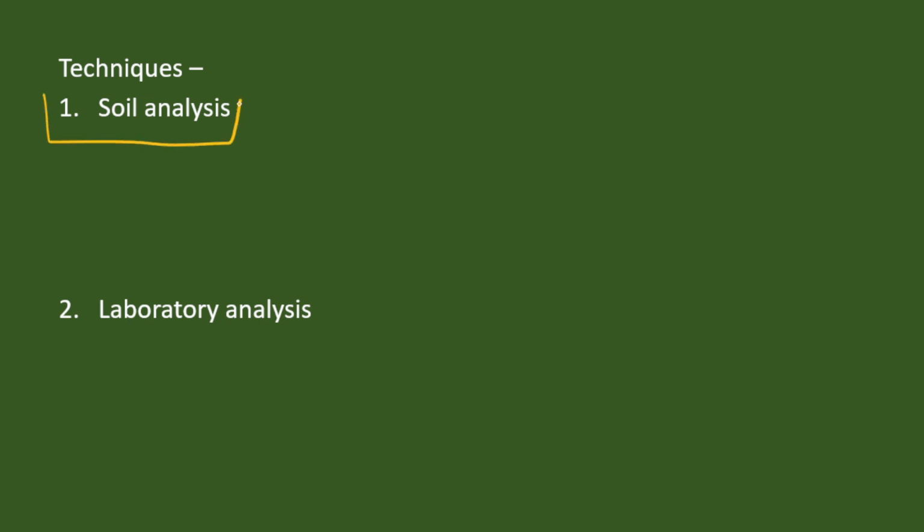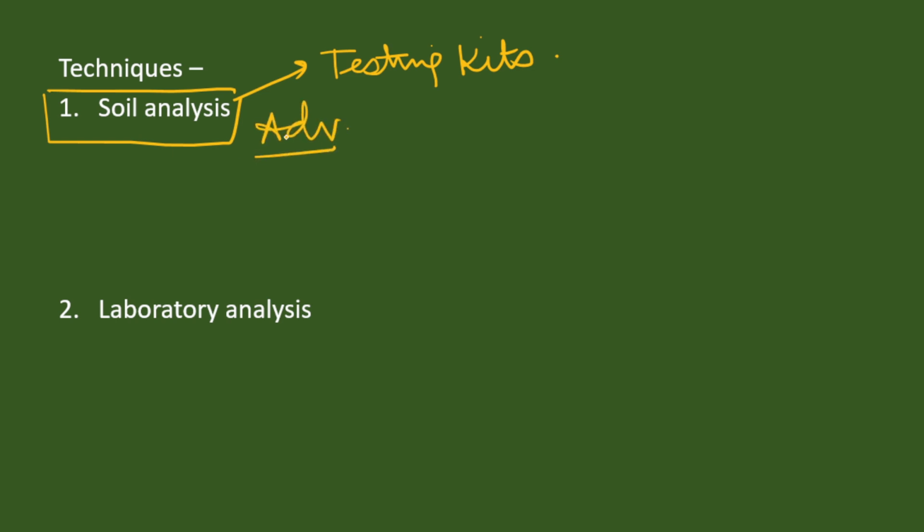The first technique is soil analysis, that is, we can simply go and do soil analysis using some testing kits. The best advantages you will get are: it is relatively inexpensive, less expensive.